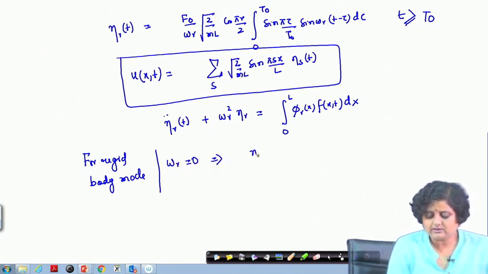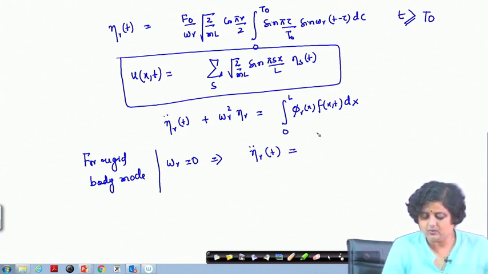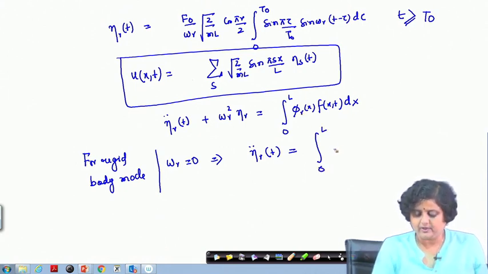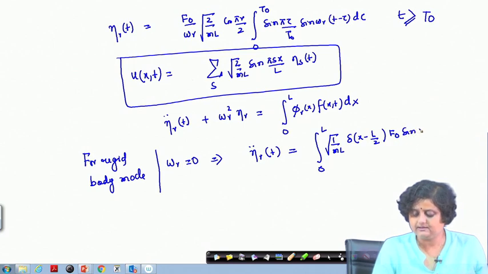Therefore, this equation is just going to boil down to eta_r double dot is equal to the integral from 0 to L. I know the rigid body mode shape, which is a constant value, and if it is mass normalized, it is 1 by m l into f(x,t), which is a Dirac delta function at L by 2 into f(x,t), which is f0 into sin(pi t by t0) into dx.